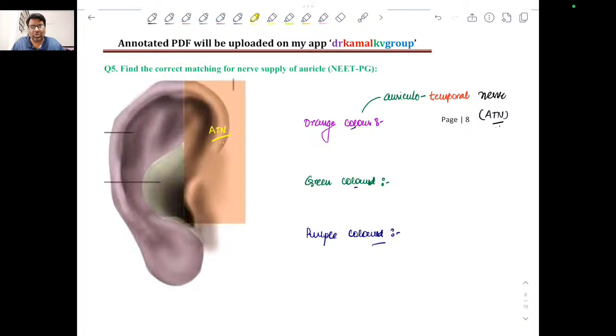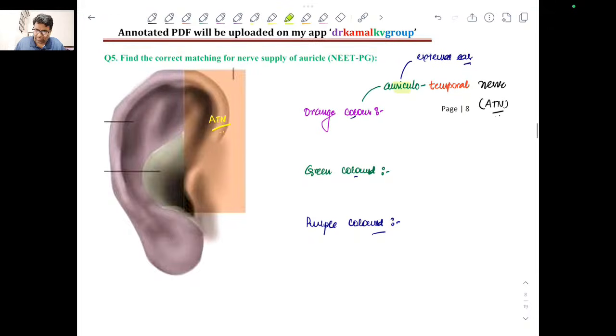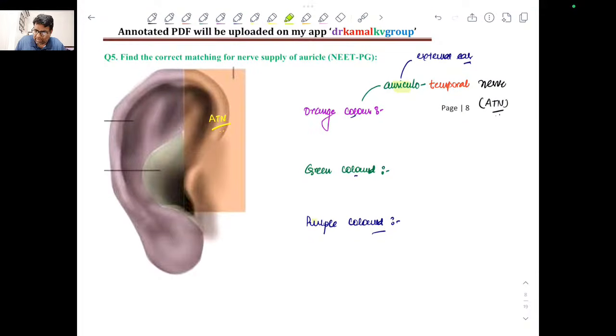Fine. Auriculotemporal nerve. The word auricle is again external ear. So auriculo is external ear, and temporal is the area related to temporal bone. So this is auriculotemporal nerve. Very good, Kakul. Auriculotemporal nerve. Now purple colored. Now let us go on to the purple colored. This is great auricular nerve.